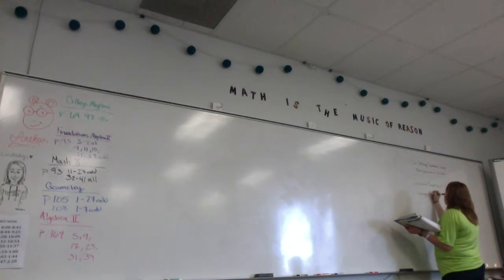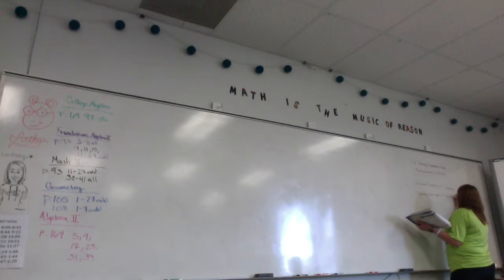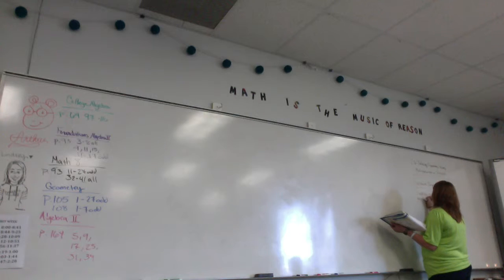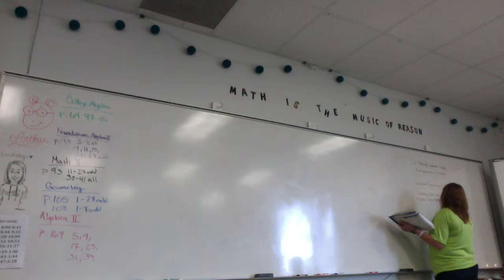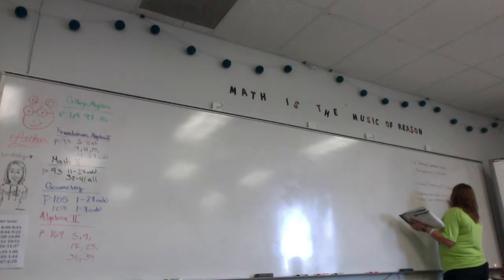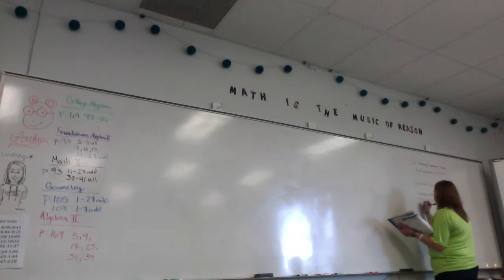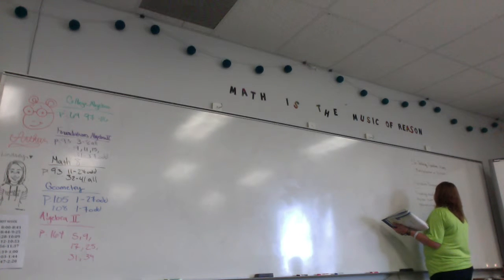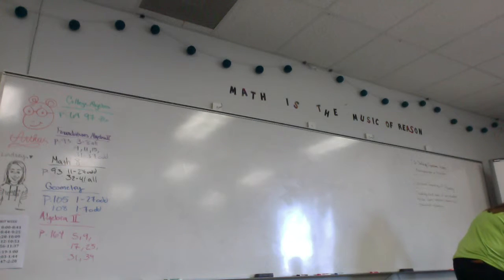Dividing each side of an equation by the same non-zero number creates an equivalent equation. That's the division property of equality.